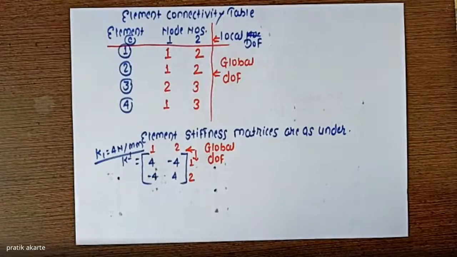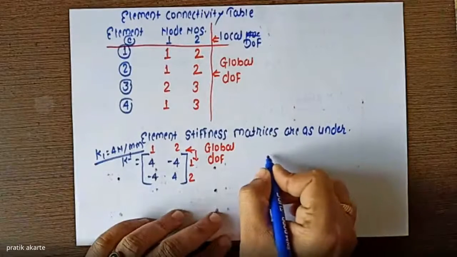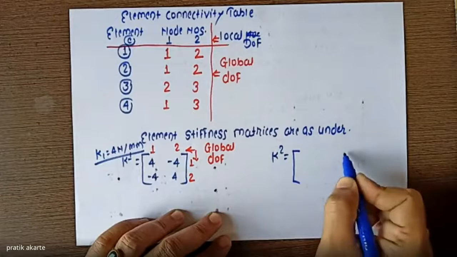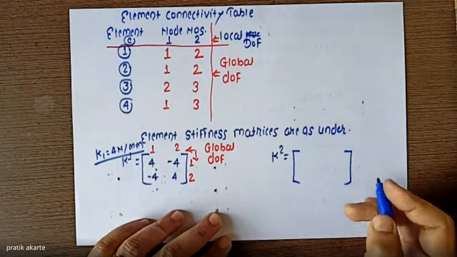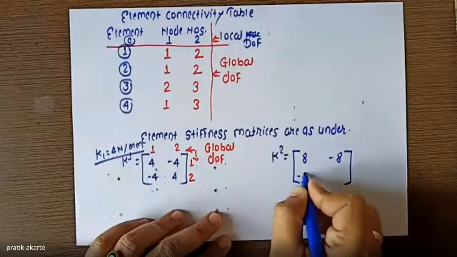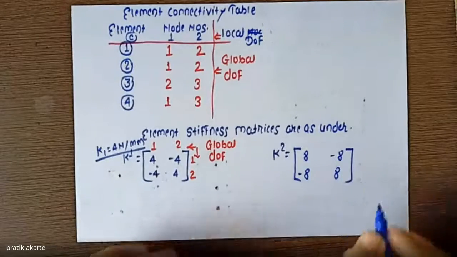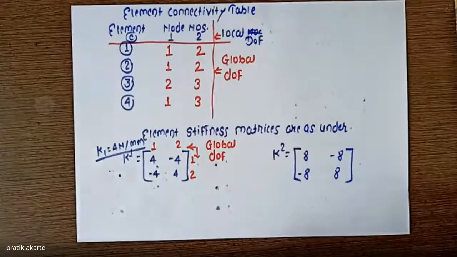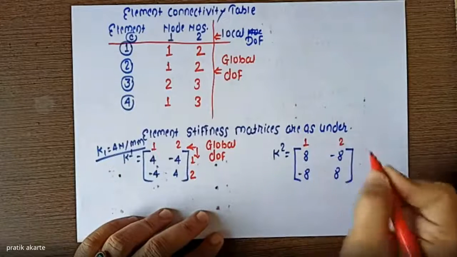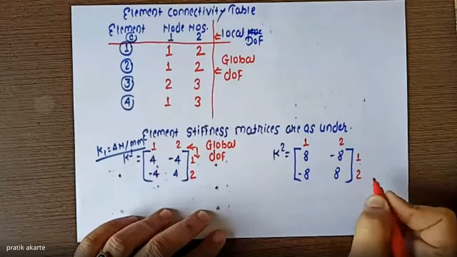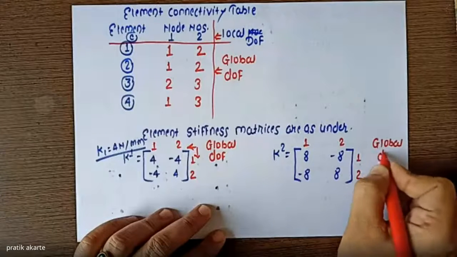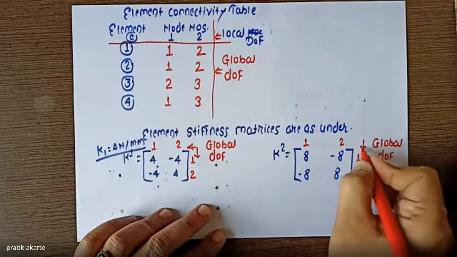Next is the second spring. For that, the K2 value is 8. So it is 8, minus 8, minus 8 and 8. And I can write the global degrees of freedom as 1, 2 and 1, 2.